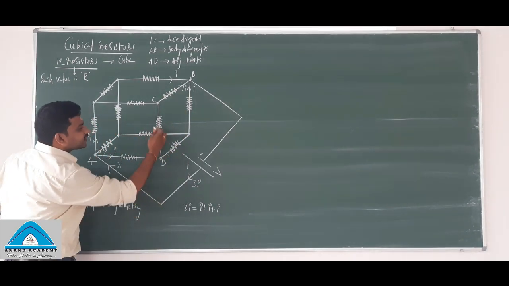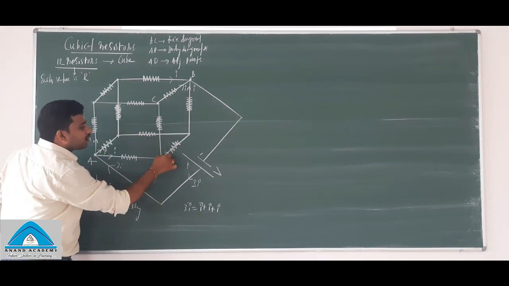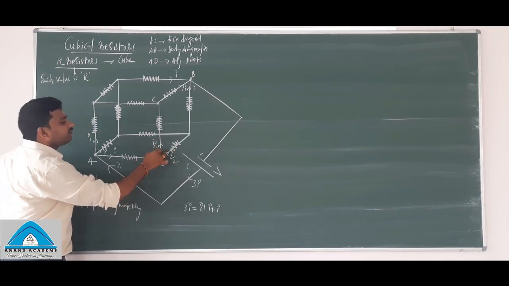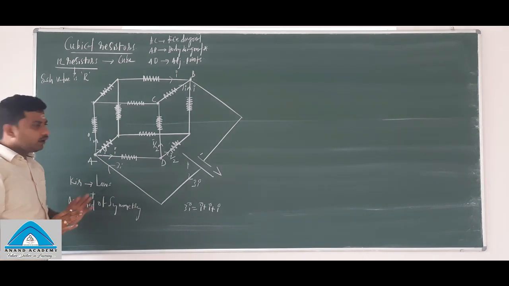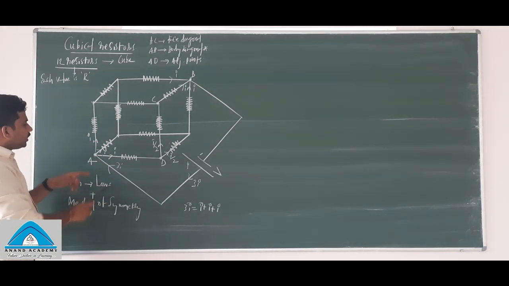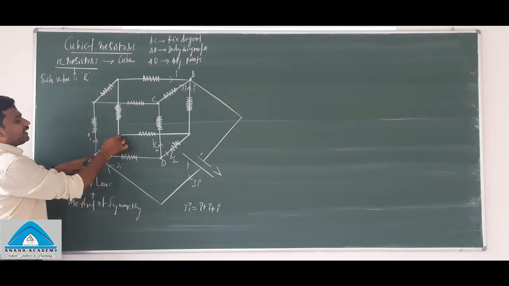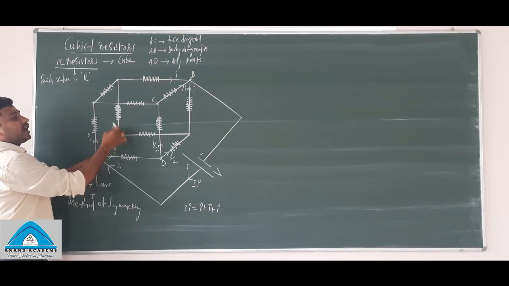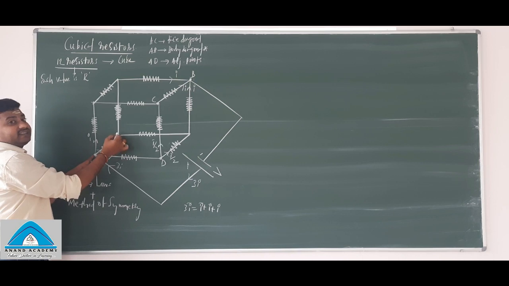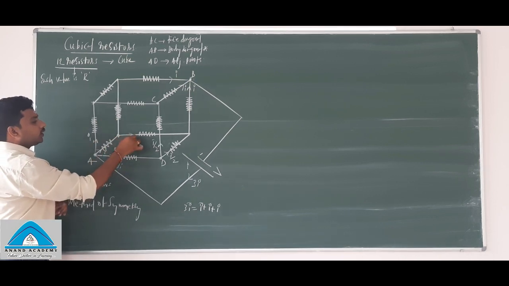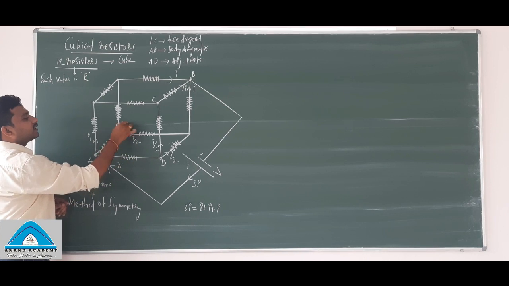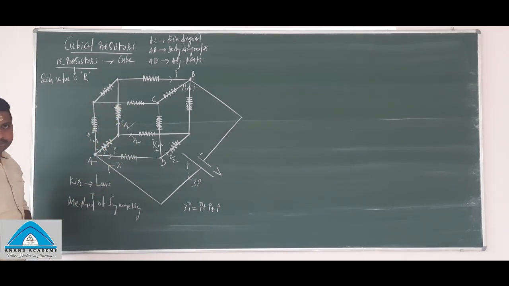Here, the resistors are the same, so the same amount of current, I by 2 and I by 2, will flow through this. Concentrate on the second. This current I meets at this junction, where there are 2 resistors, both the same. So here also it is I by 2 and here it is I by 2.